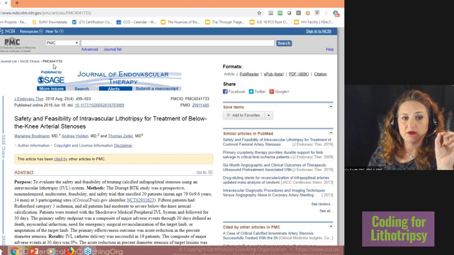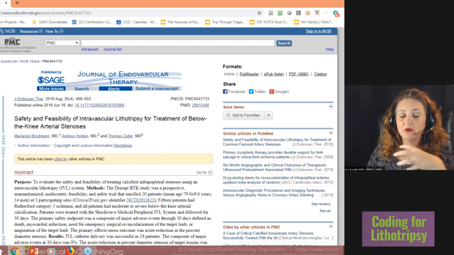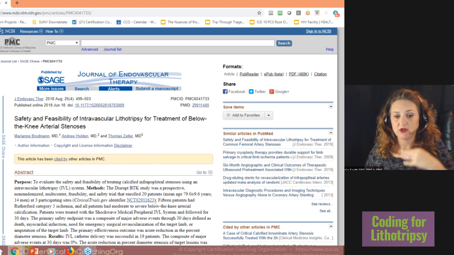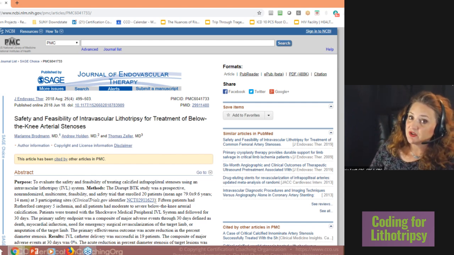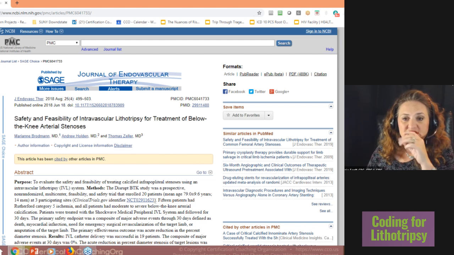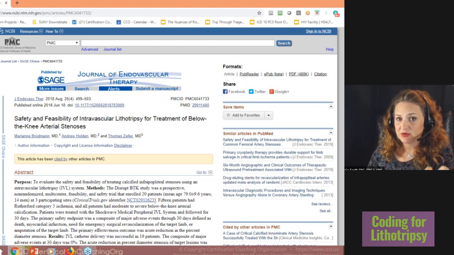This particular one, PMC, is a Journal of Endovascular Therapy. This is how me personally, not only do I bring up my knowledge base for disease process, but also to develop case studies for students to code in unique scenarios and stuff like that. They have these type of things for nurses as well, but this is the documentation, provider documentation that you're going to be coding off of.